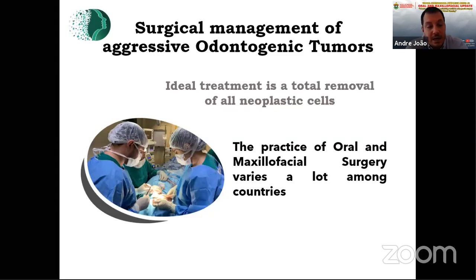In countries like the UK, you require dual graduation in dentistry and medicine. In the United States, after a long residency program, I think it's 6 years long, you get a DMD, a different category. It is still a dental specialty, but it's between dentistry and medicine. So it varies a lot.